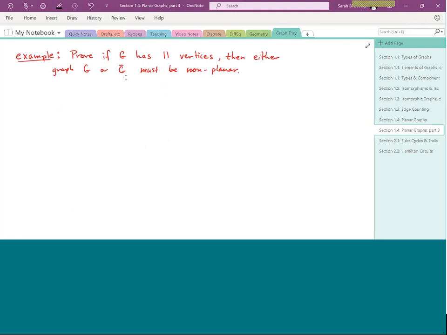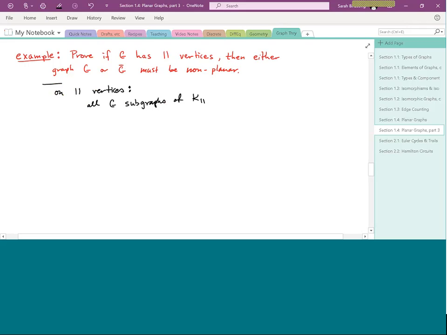So the first thing that we want to do is talk about graphs on 11 vertices. What do we know about that? We know that all graphs, G, are going to be subgraphs of the complete graph on 11 vertices.